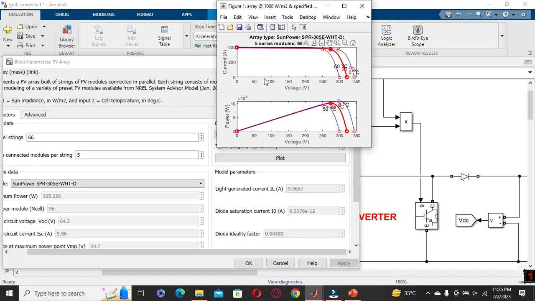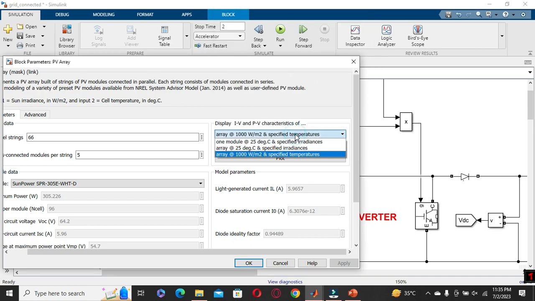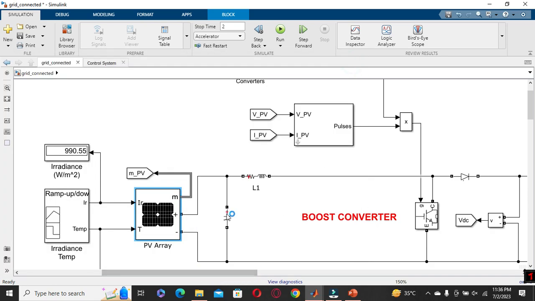Here you can see the increase in voltage, and this is our current, and we can see the relations of the PV characteristic, and here the power relationship with respect to the voltage. You can also change the different modules and check the PV equation here, with respect to the temperature, with respect to irradiance, with respect to the one module, so you can take any of these. So let us move to the next part.